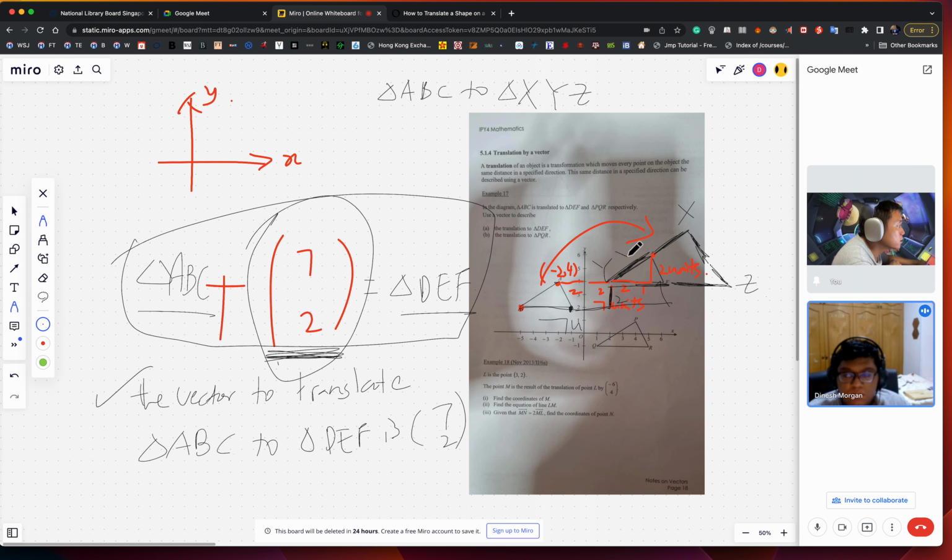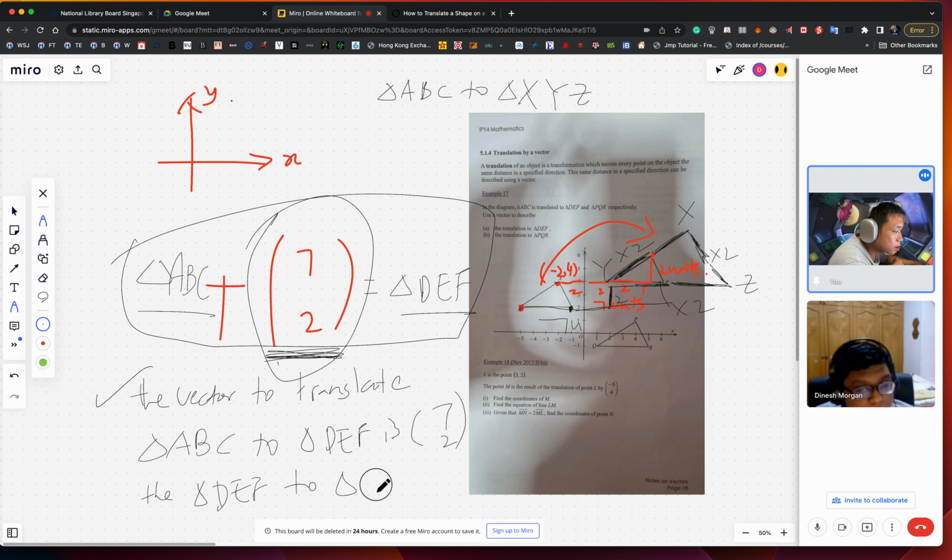Next is enlargement 2 times. Can you see this is times 2, times 2, times 2? You just put the number 2 in front of it. So basically, the vector to translate ABC to DEF is this, then DEF to XYZ is enlargement with a factor of 2. 2 means times 2.